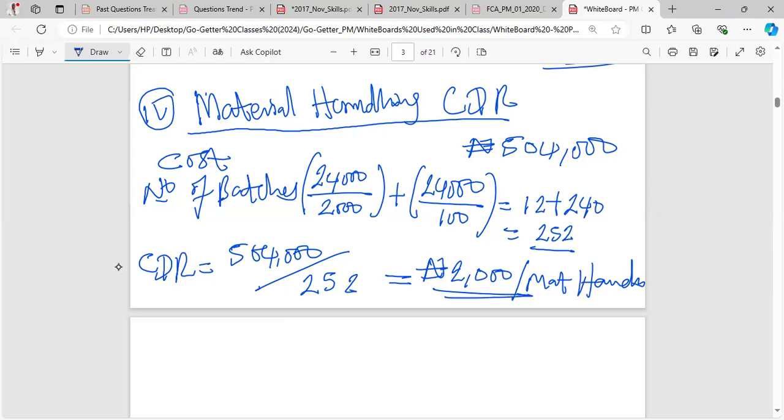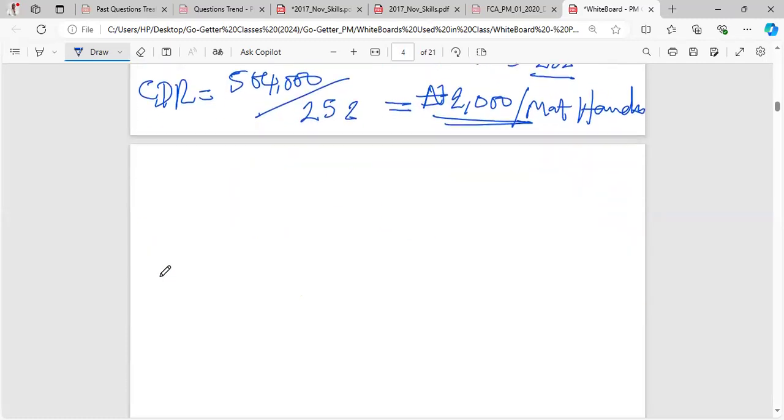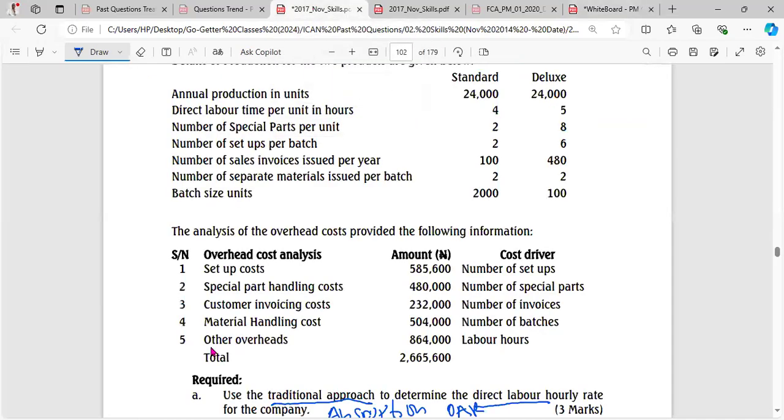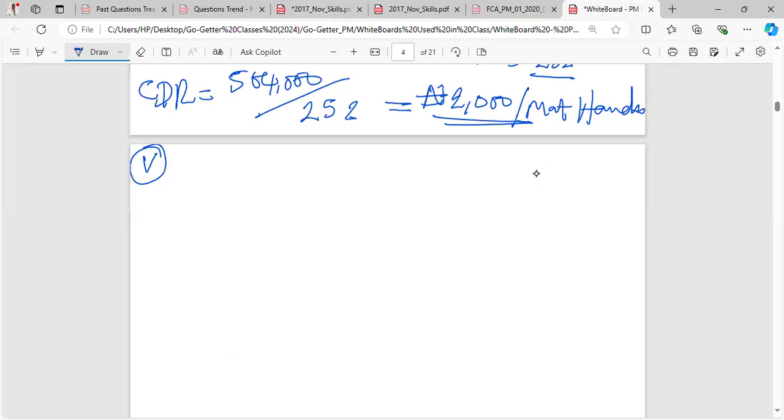Then the last one, which is number 5, is asking us for other overheads, and the cost is 864. Other overhead CDR.